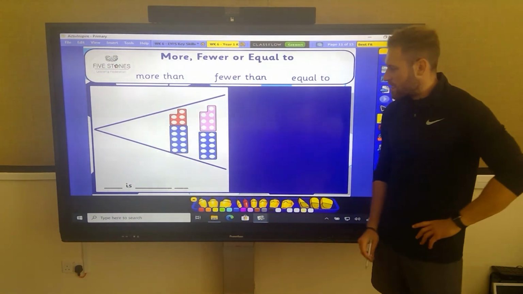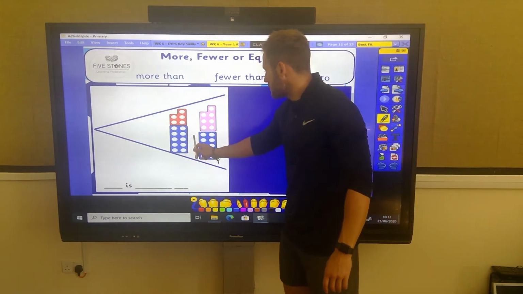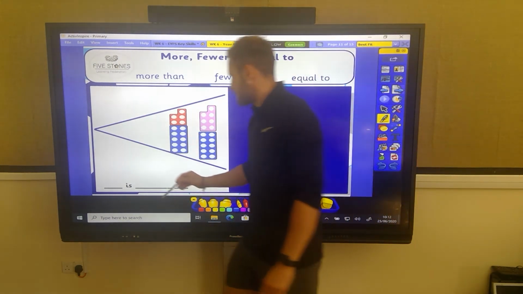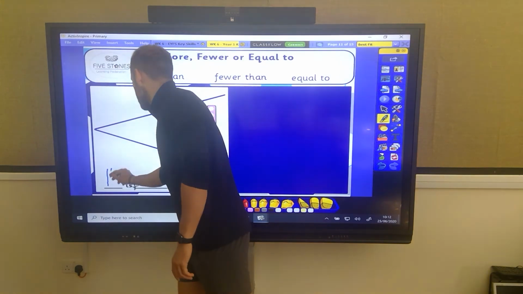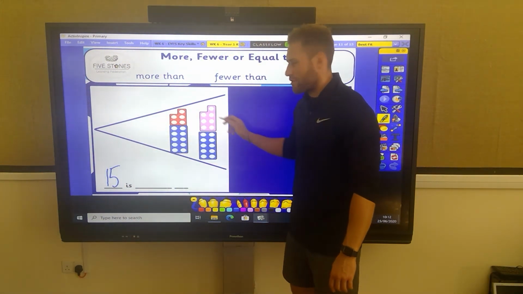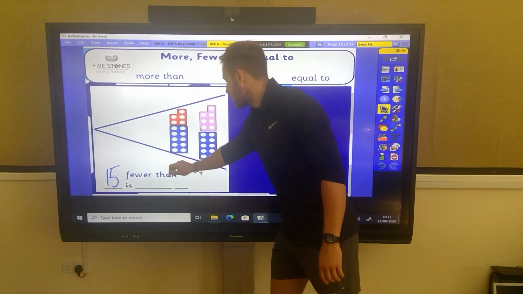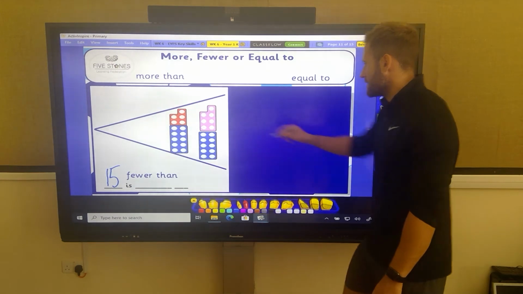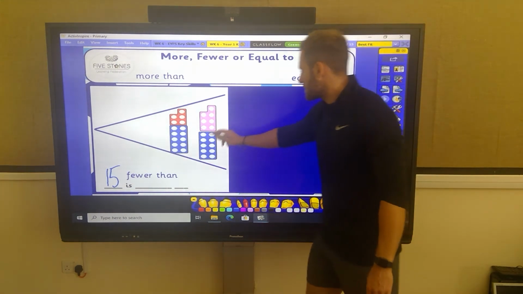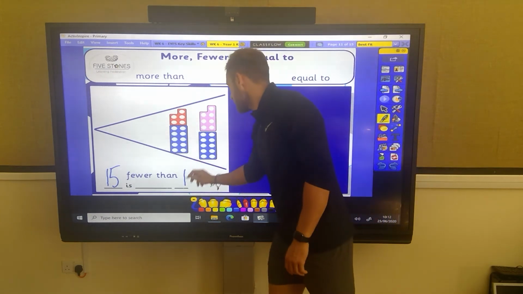Right, can you help me out with this one? So what number do I have? I've got 10 and 5. Oh, great, that's 15. Oh, there's not as many, is there? So it must be fewer than. 15 is fewer than this number, which is 10, 11, 12, 13, 14, 15, 16, 17.